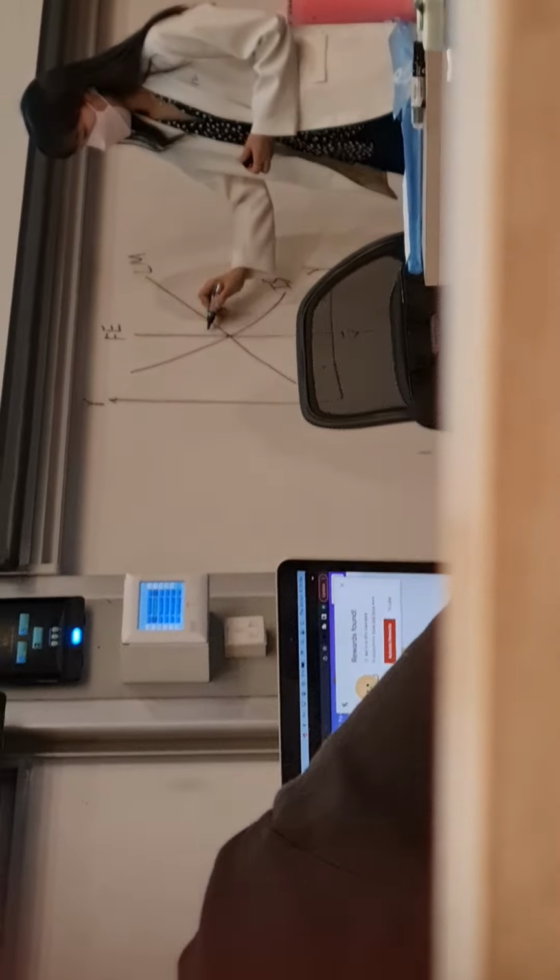Say FE2. FE2 corresponds to the new full employment output, Y2 bar. Y2 bar corresponds to N2 bar. Alright? This is about the labor market equilibrium.